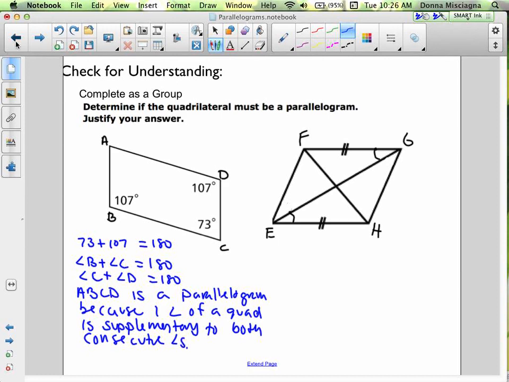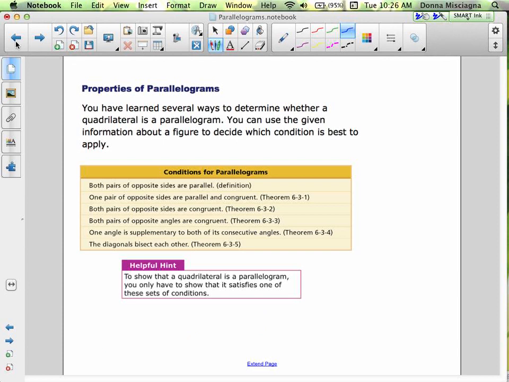In other words, if we come back here and look at our reasons, we used this one here. That's how we decided to prove it. We could have found the other missing angle and used this one instead, but I'll put 2 arrows there to show you it's a different one. Instead, we went with number 5.